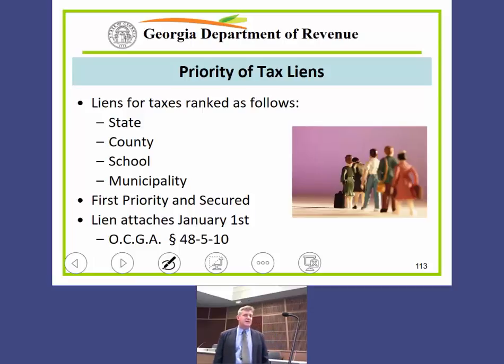That's going to be in the digest that's submitted later in the year to the Revenue Department. So if property sells subsequent to January 1st in the tax year, because the tax lien attaches January 1st, the tax lien's still on that property at the January 1st value, regardless of who owns the property.